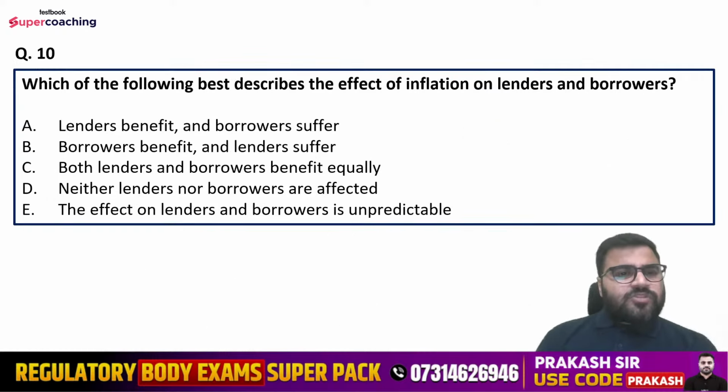Question number 10 is, which of the following best describes the effect of inflation on lenders and borrowers? So options are lenders benefit and borrowers suffer, borrowers benefit and lenders suffer, both lenders and borrowers benefit equally, neither lenders nor borrowers are affected, the effect on lenders and borrowers is unpredictable.